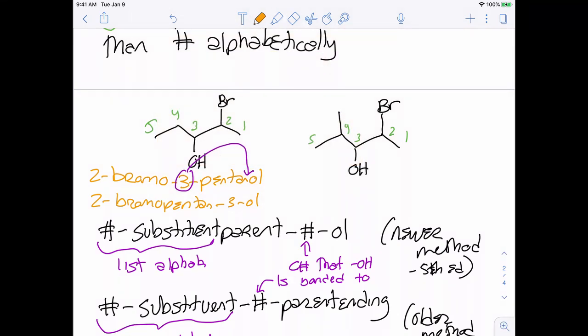This one I'm going to write the names above just so I don't run out of room because I have 2 substituents now. Remember, we're going to list them alphabetically, so B for bromo comes first.